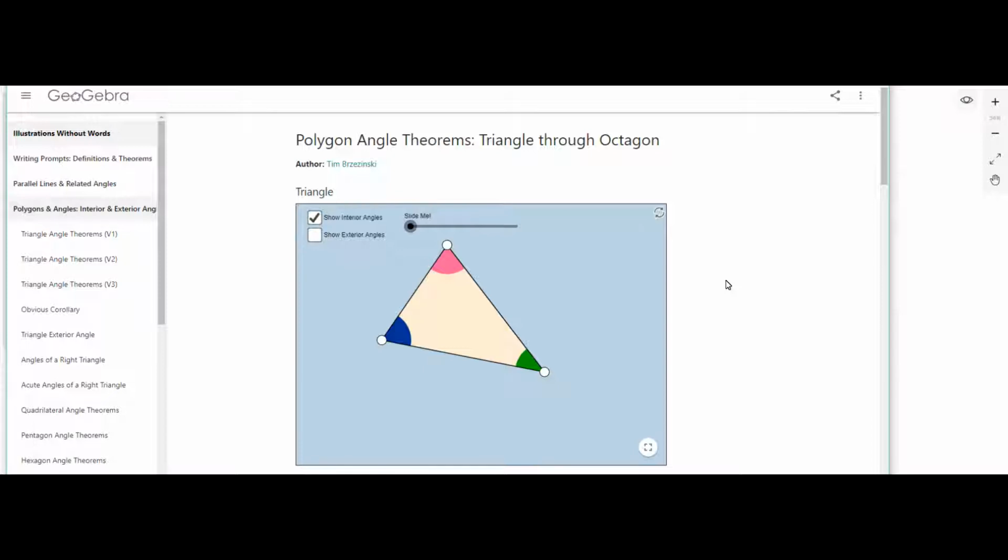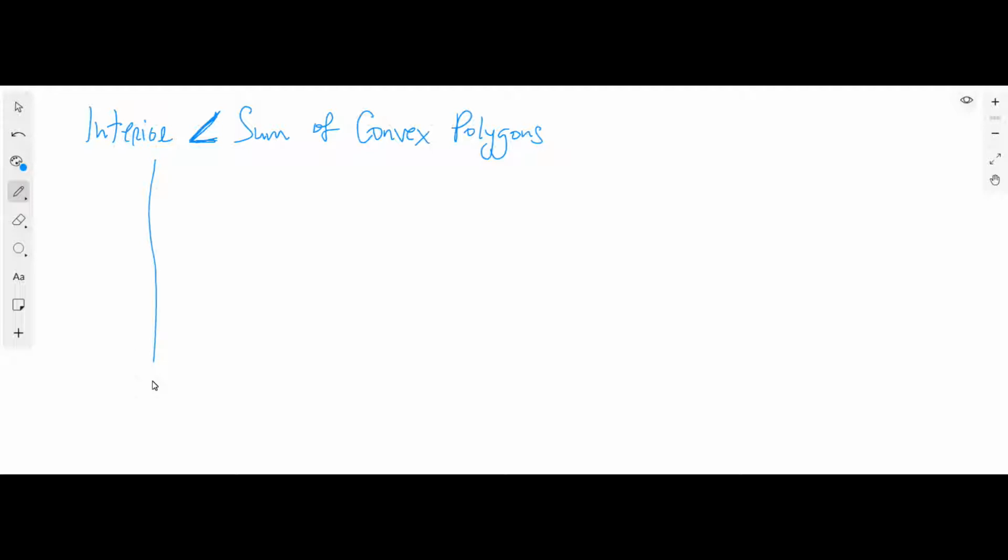So I'm going to illustrate, let me click here for a second. We're going to be looking at the interior angle sum of convex polygons, meaning they don't have the caves. This is my symbol for angle, for those of you who have not watched the 11.1 video. We're going to keep track of what we see in Tim's materials in GeoGebra.